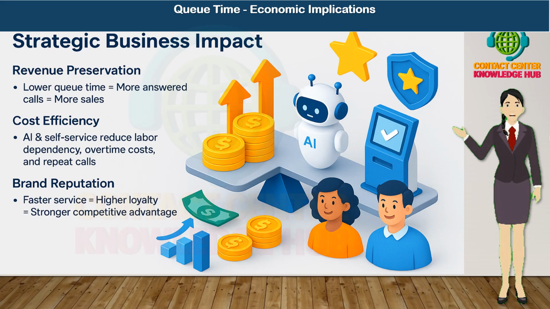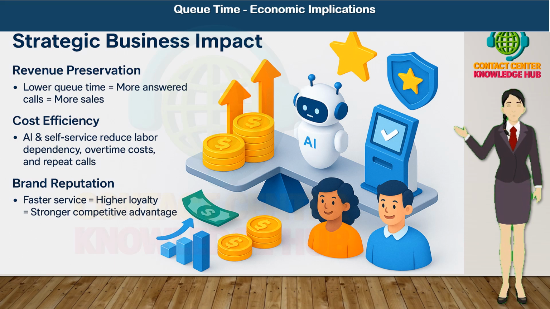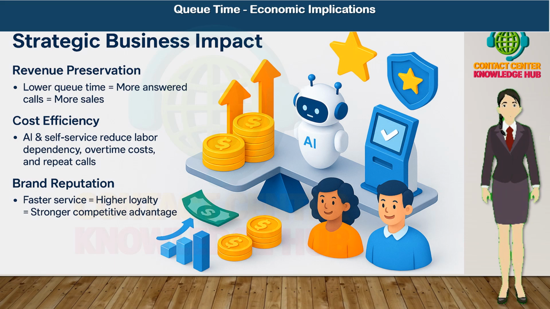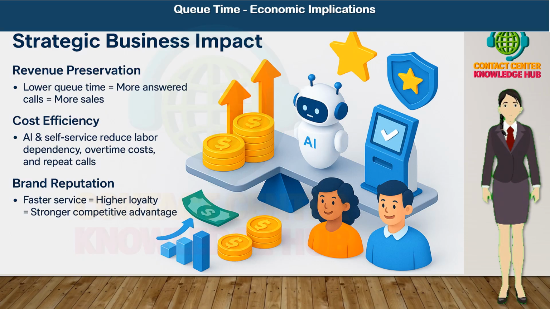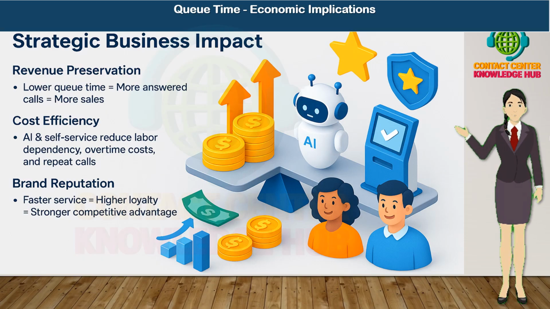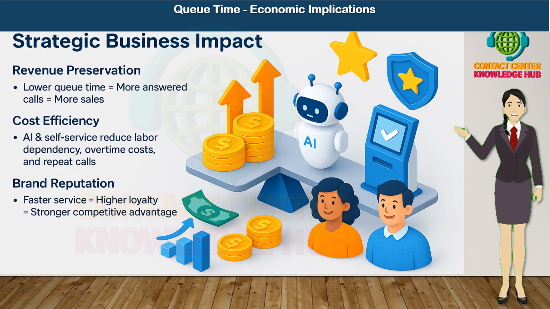By leveraging AI and self-service, businesses can reduce labor dependency, lower overtime costs, and cut down on repeat calls, driving operational efficiency. Third, brand reputation. When customers experience faster service, loyalty and satisfaction grow, strengthening your competitive advantage in the market. In short, controlling abandonment isn't just an operational win, it's a strategic business lever that drives revenue, cost savings, and brand strength.